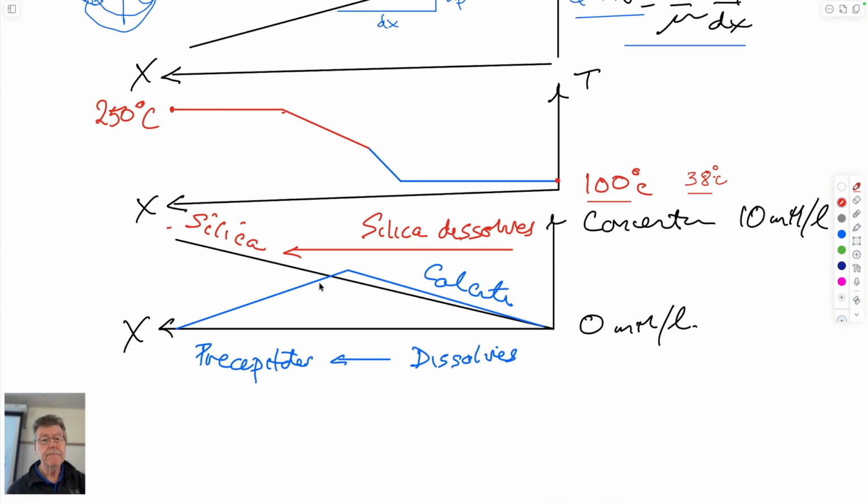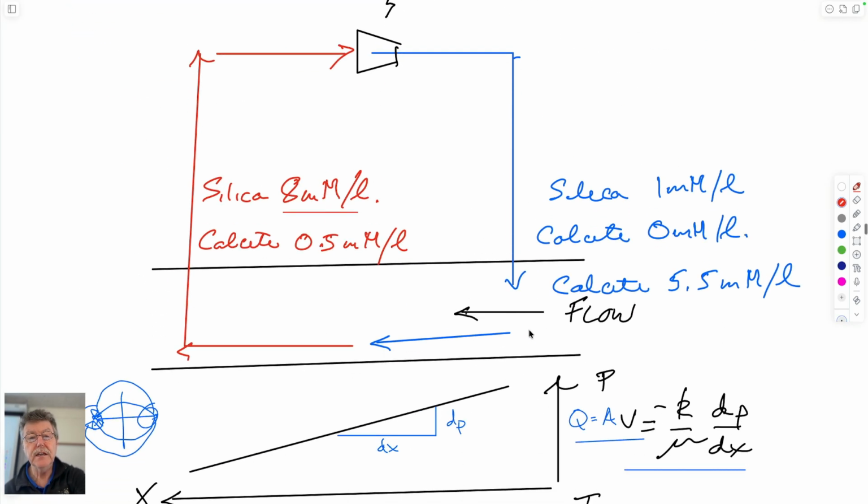Calcite, if it starts off undersaturated, it may be able to dissolve some because it's present here at low temperature, and it has retrograde solubility, which means that the solubility at low temperature is quite high. So it could dissolve material from the reservoir if it starts off at 0 millimolar.